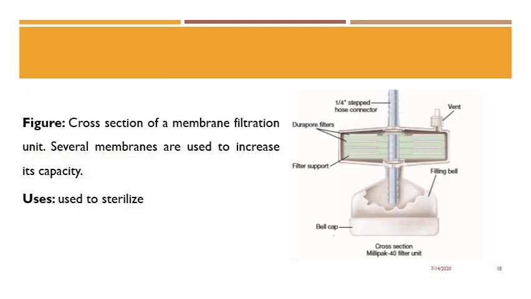This is the cross section of a membrane filtration unit. These are the Isopore filters and these are the filter pores. This is the filling bell and this is the vent.